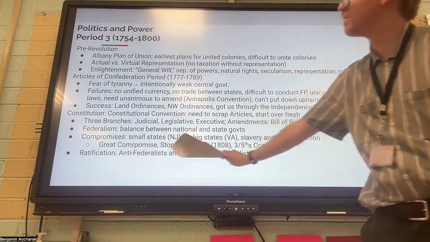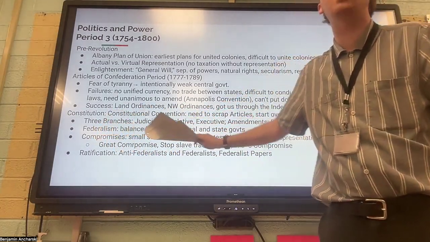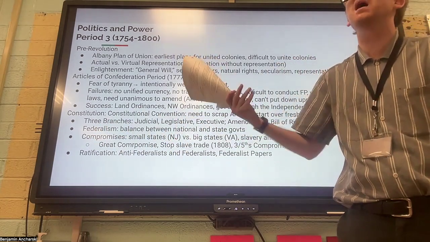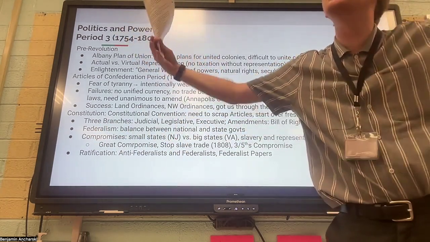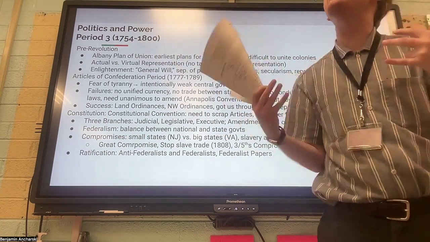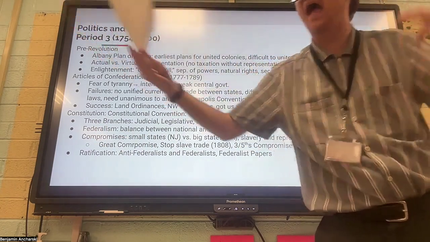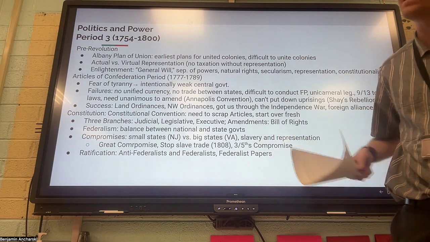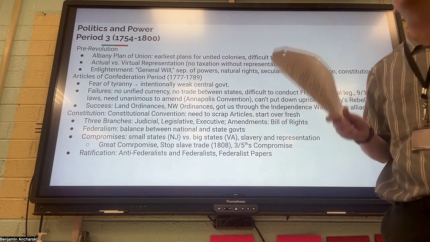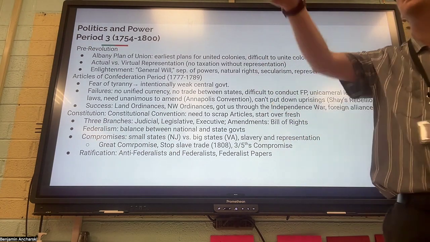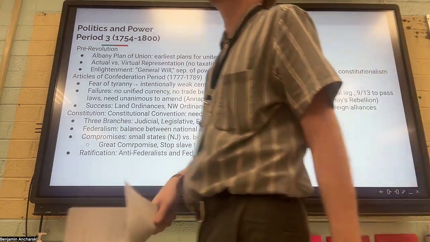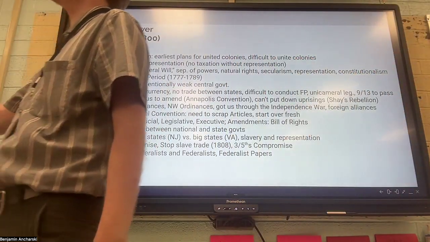However, eventually the compromise is reached where we have the Great Compromise. This is what sets up the bicameral legislature. In other words, it's where the Senate and the House of Representatives comes from. Which government body has equal representation in Congress? Yes. The Senate, exactly.